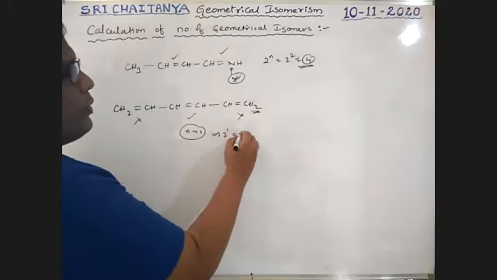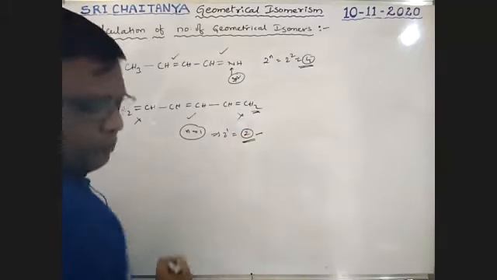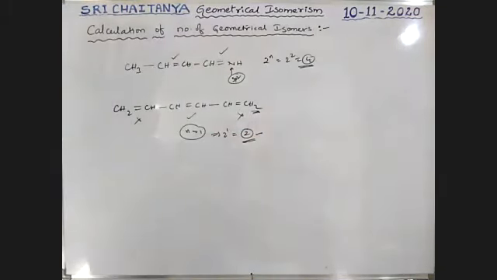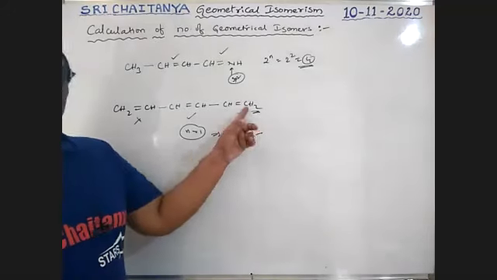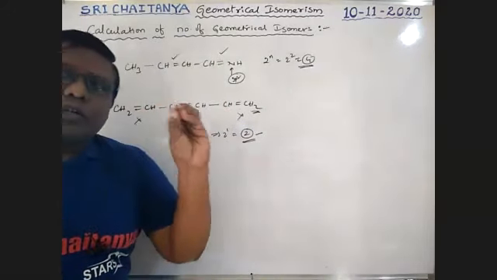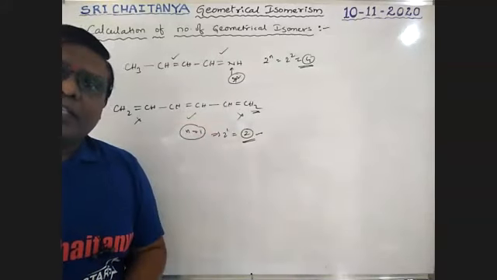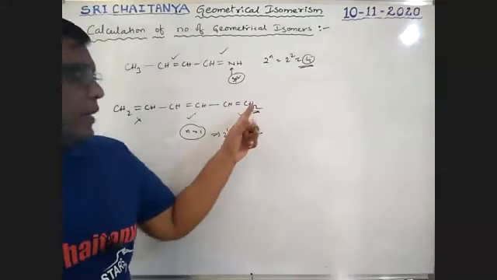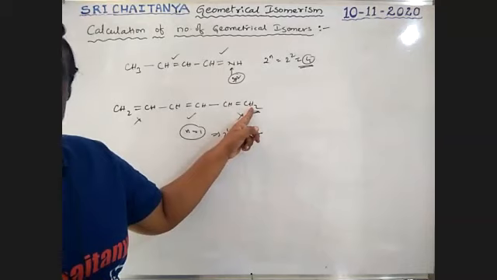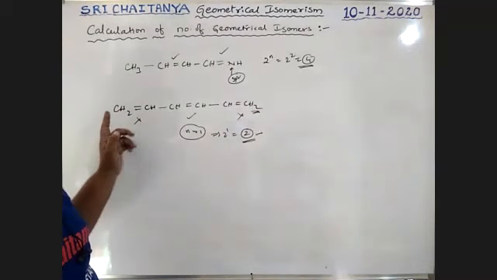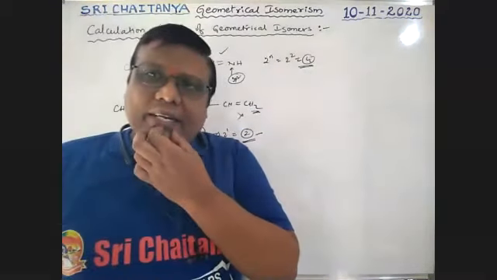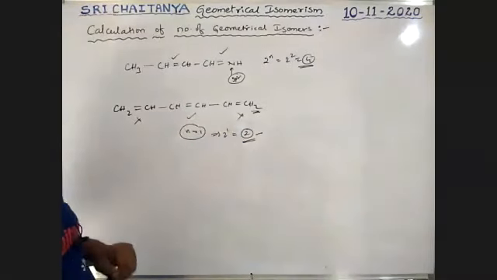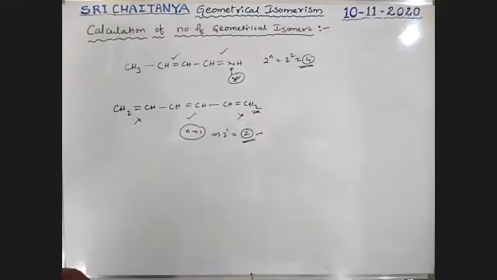Therefore, 2 power 1, that is 2, is the answer. These two double bonds don't exhibit geometrical isomerism, because this carbon is bonded with two similar groups, and this carbon is bonded with two similar groups. No cis, no trans condition is applicable. Okay. Next point, boys.